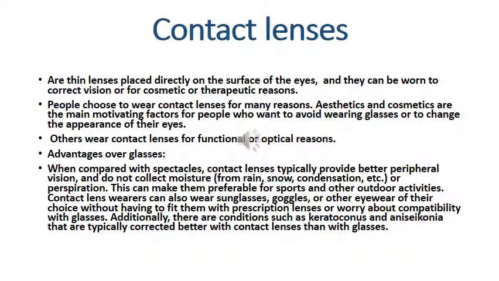In keratoconus, we have a certain type of contact lens which is specialized to correct the abnormal conical shape of the cornea. So it's the main means to correct refractive error in keratoconus. As I mentioned, one example of anisometropia is aphakia, and we will mention that in detail in the lens lecture.